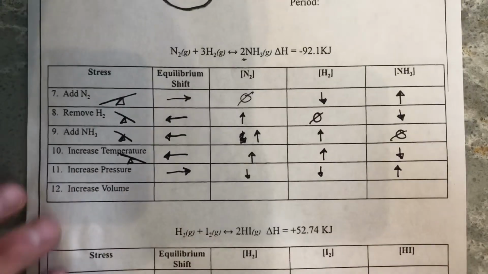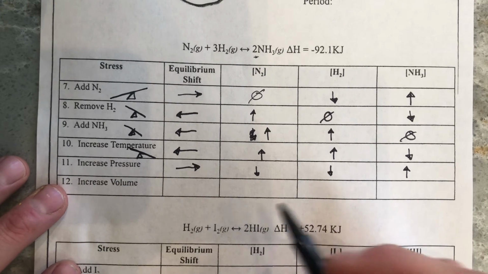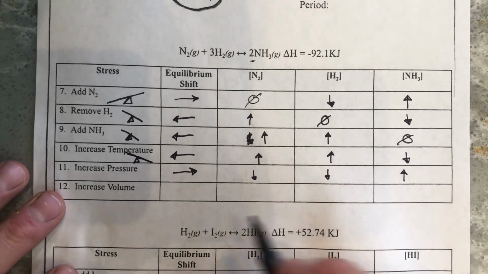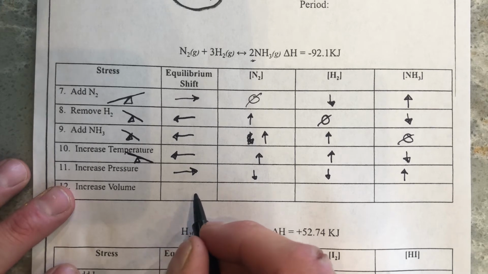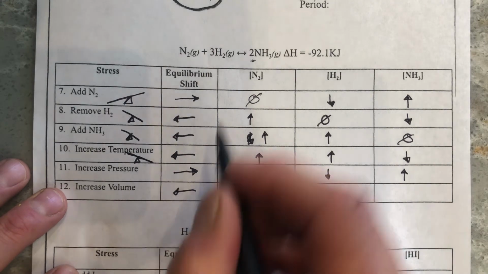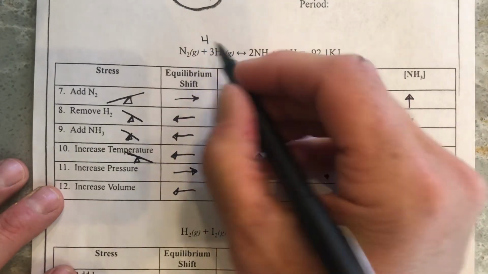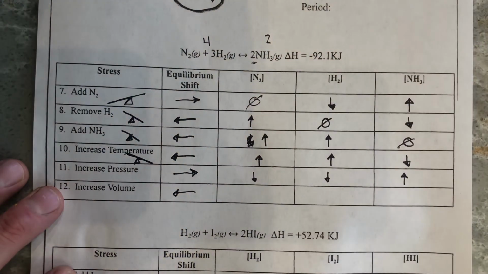Increase in volume, remember, is the same as a decrease in pressure, so we're going to treat that kind of the same way. So if we increase the volume, we're going to push the reaction toward the side with more moles, which is a shift to the left, considering that our reaction has, again, 4 moles on the reactant side and 2 moles on the product side.